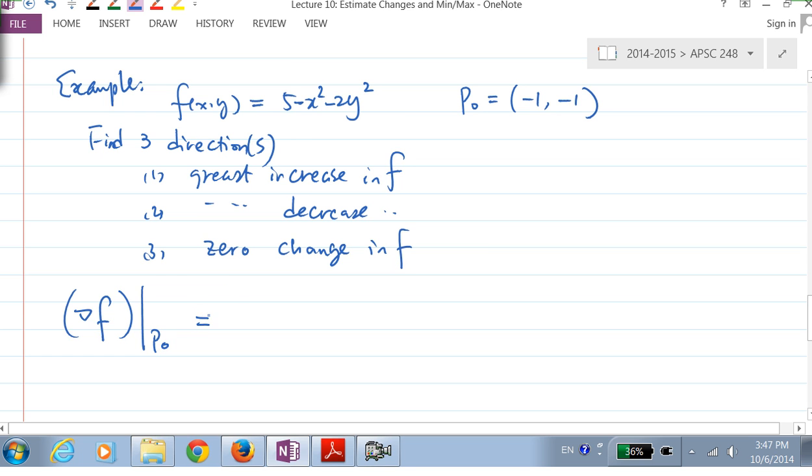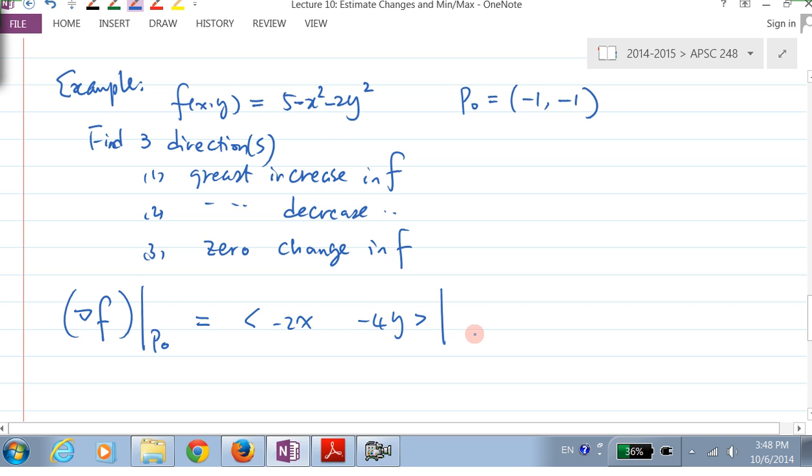Here's a function f, so calculate the gradient vector. For a function of 2 variables, it's partial f over partial x, partial f over partial y. That's fairly straightforward. Partial f over x is negative 2x. Partial f over y is negative 4y.